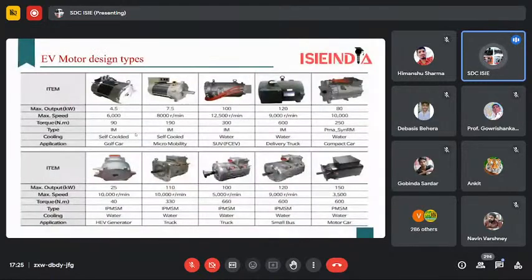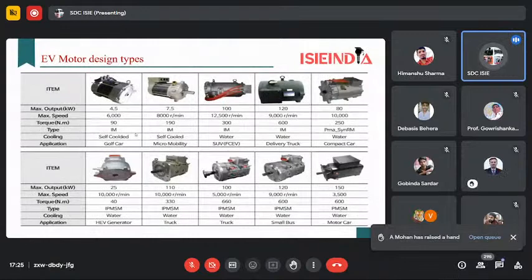We have a lot of different motors according to the appliances, the speed requirement and the torque curve situations. According to the characteristics of the motor, we select the motors.